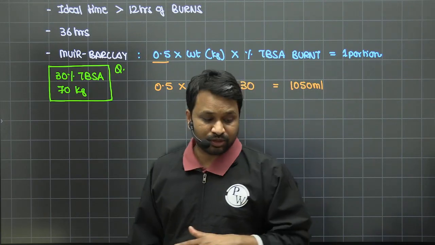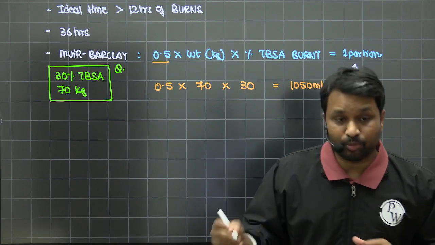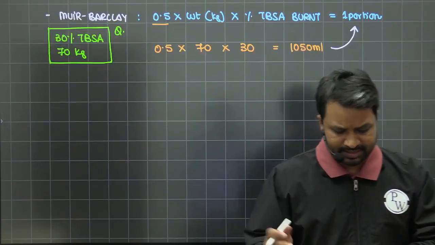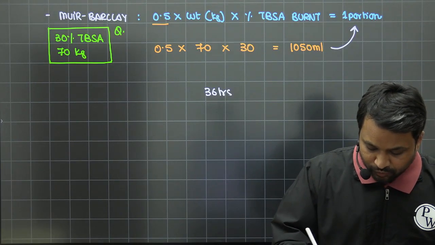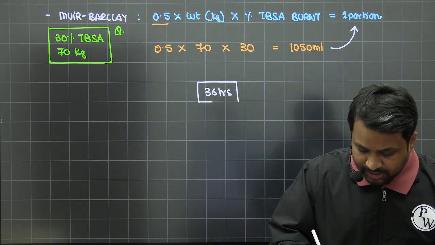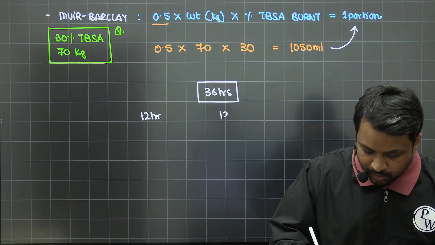Now this 1050 ml of colloid, whatever you have calculated, is what we call one portion of the colloid, and colloid should be given only for 36 hours. So this is the 36 hours of colloid resuscitation that we have planned. Now I'm going to split them into 3 equal divisions, that is 12 hours each.